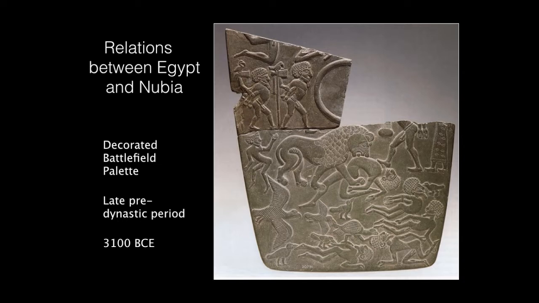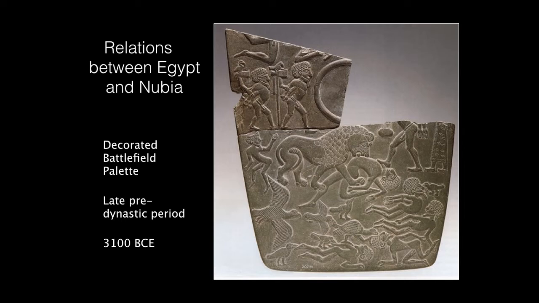When we look at the most ancient art of Egypt and Nubia, we see violent, oppressor images of the Egyptians toward the Nubians. They're depicted as short, squat prisoners who have been violently overthrown and enslaved.